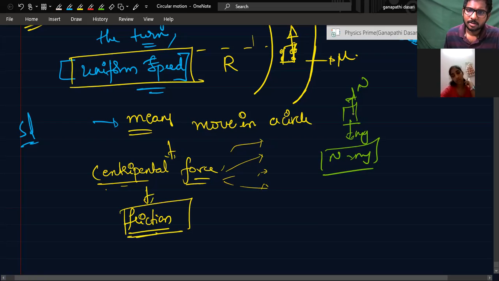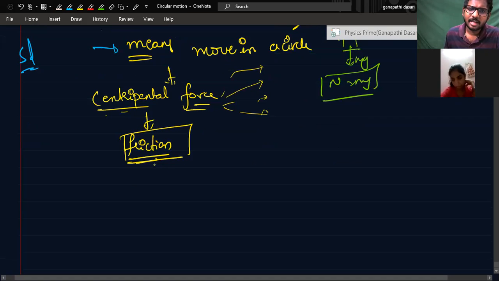But that friction also cannot be unlimited. It has a limit, Fs max, static friction. Otherwise the car will skid. The car should not skid, means go in this direction with a higher speed.